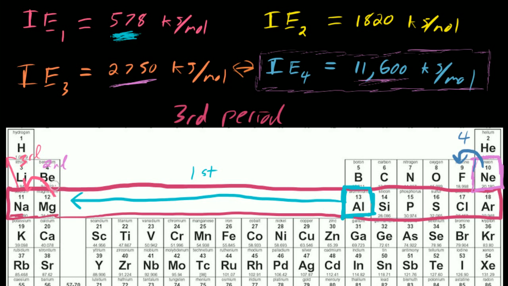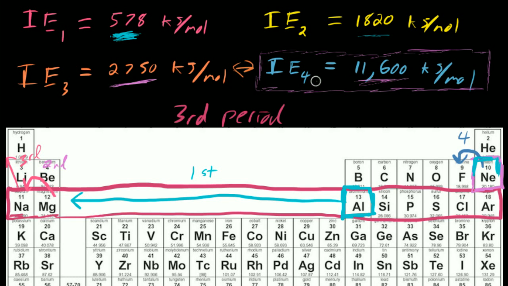It loses its 1st electron, and we didn't have to put in that much energy. It loses its 2nd electron, we had to put in a little bit more. It loses its 3rd electron, we had to put in even a little bit more than that. So now, after it loses its 3rd electron, it has its noble gas electron configuration.